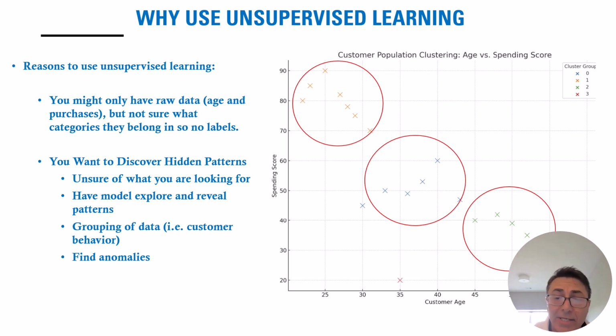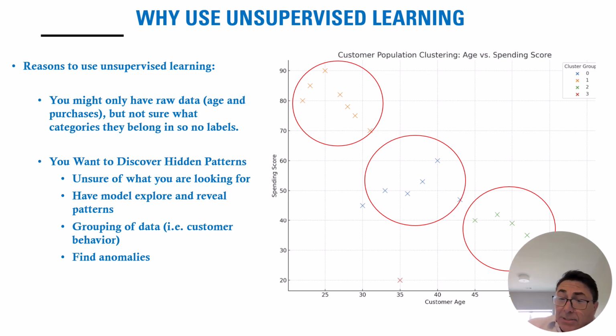In this situation, we're trying to determine for a store where our customers are spending, which age group and how they're spending. So here we have customer age and the spending score. We can see the younger they are, the higher their spending. The middle age is somewhere in the middle, and the older age is down here, spending a lot less.